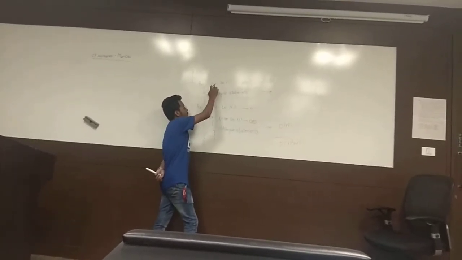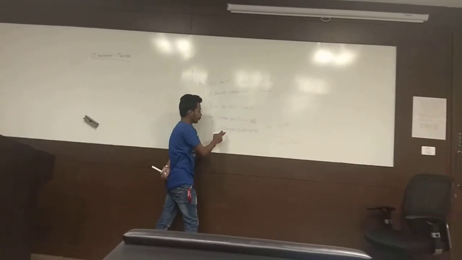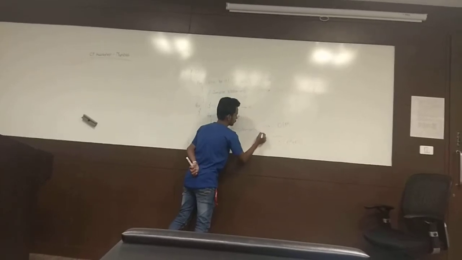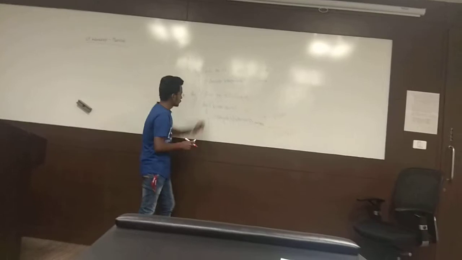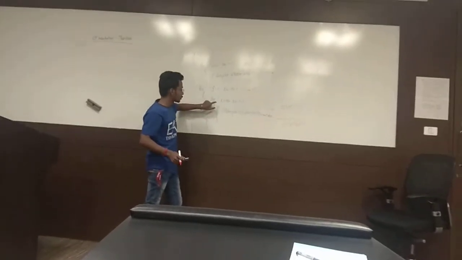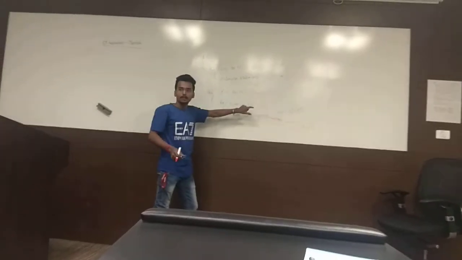For each value of this one, you just have to execute this simple statement. But over here, for one value of j, this for loop will execute n times. Again, for the next value of j, it would be executed n times, and so on.